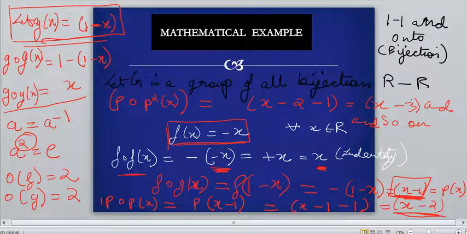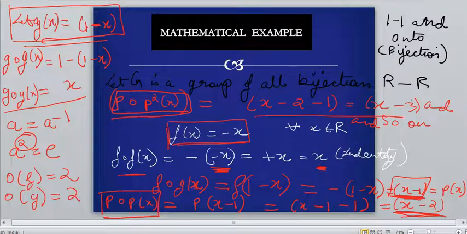Now if we do p of x again, we are not getting an identity, whereas we are getting a new function. Again, if we do p square of x, we get another function. So we are continuing: first we get x minus 2, then x minus 3. Now again, if you put x minus 3 minus 1, you're going to get x minus 4.